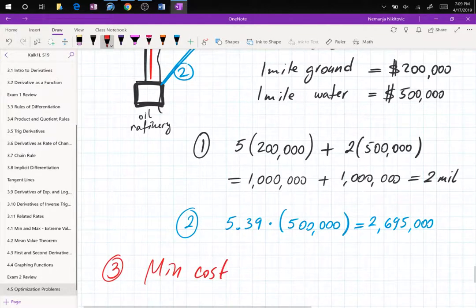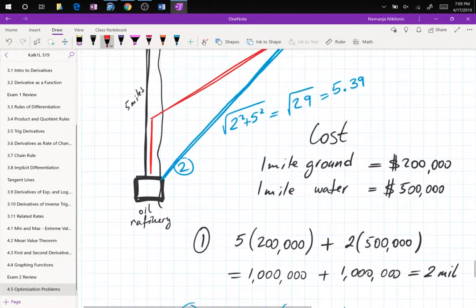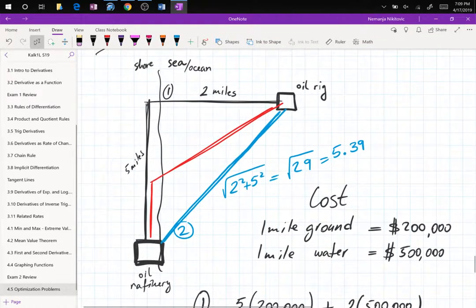Minimum cost. So now I'm going to call this my distance x and this my distance d.